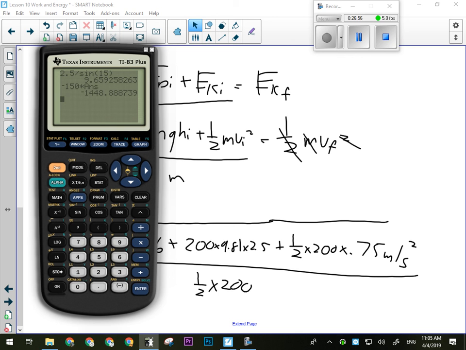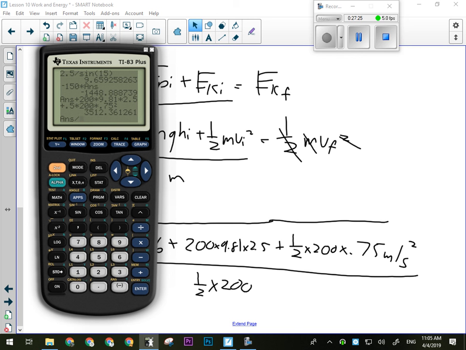So that's how much energy is being lost to friction as this mass rolls down the conveyor. That's what I just calculated there, the work against friction. Now I'm going to add that to the energy I had at the top. 200 times 9.81 times 2.5 plus 0.5 times 200 times 0.75 squared.